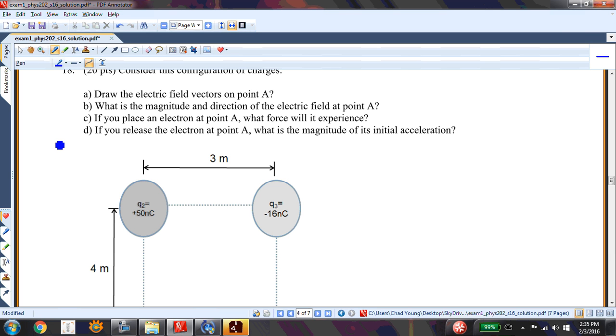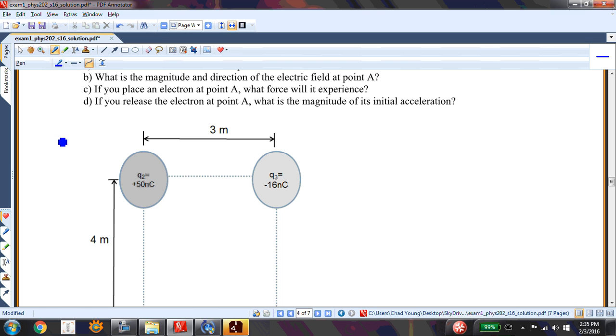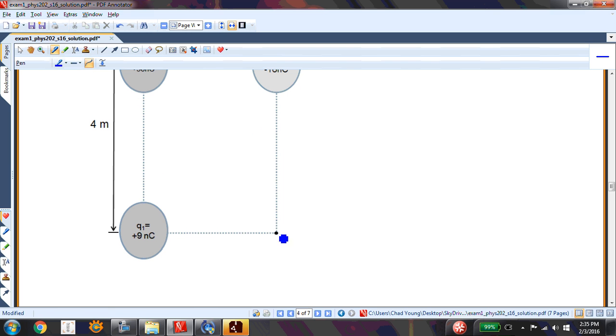Here you're supposed to find the electric field vectors at point A. You find the magnitude and direction, and then a couple other questions about the electron at point A. So let's see, the electric field, just drawing. Let's make that my coordinates. And then I can draw my electric fields. Due to Q1, I imagine a positive test particle there.